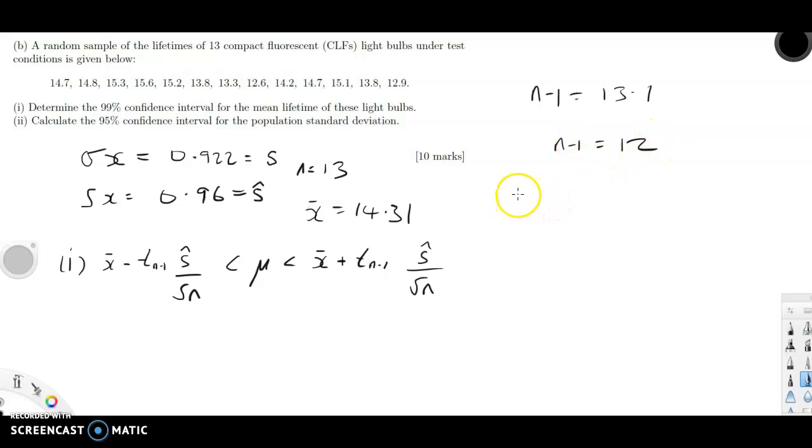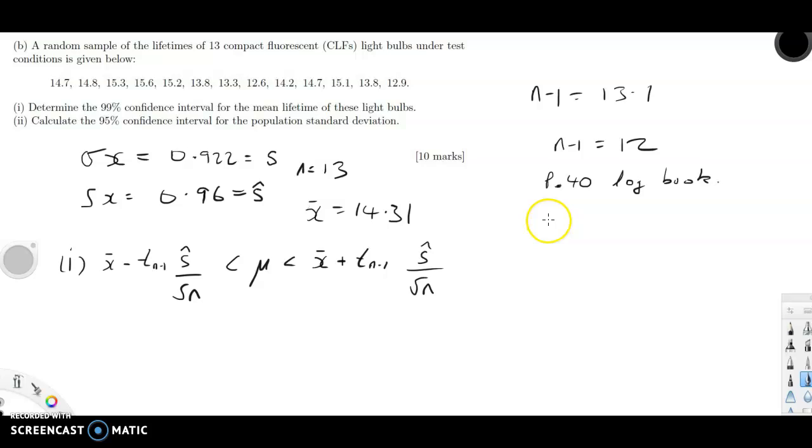So what are we going to look up in the t table? The t table is on page 40 in the logbook. So we're looking up the row with 12 degrees of freedom.